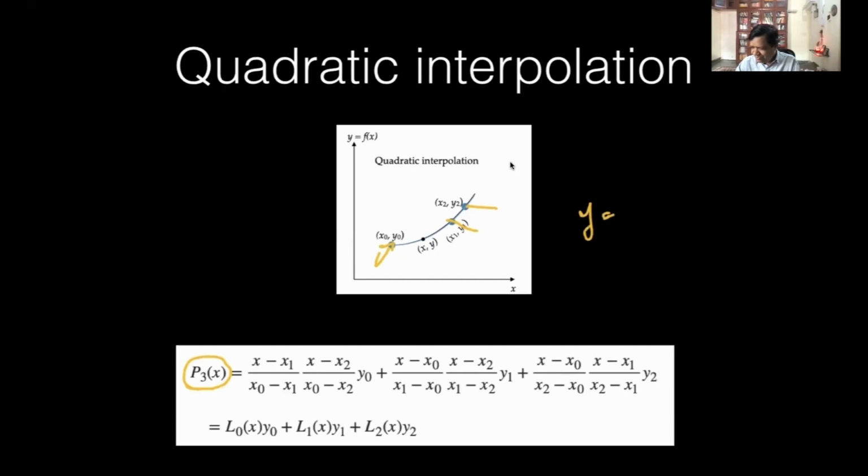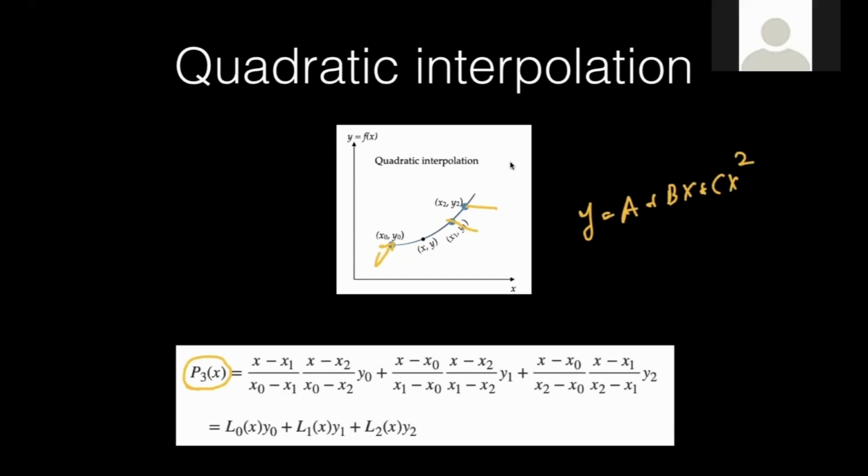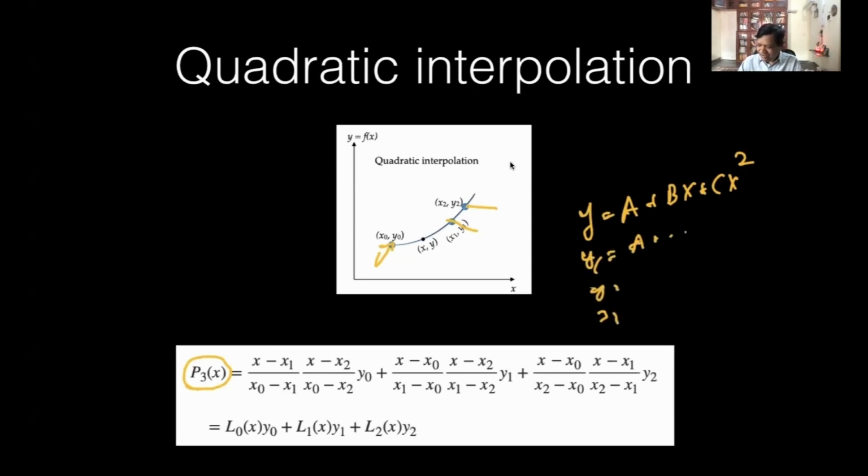You say y equals a plus bx plus cx squared. Now you have to compute a, b, c. We have 3 equations and 3 unknowns. That's what I would do by myself, I'm not Lagrange. I have 3 equations, for y1, y2, y3, and from these you find a, b, c.